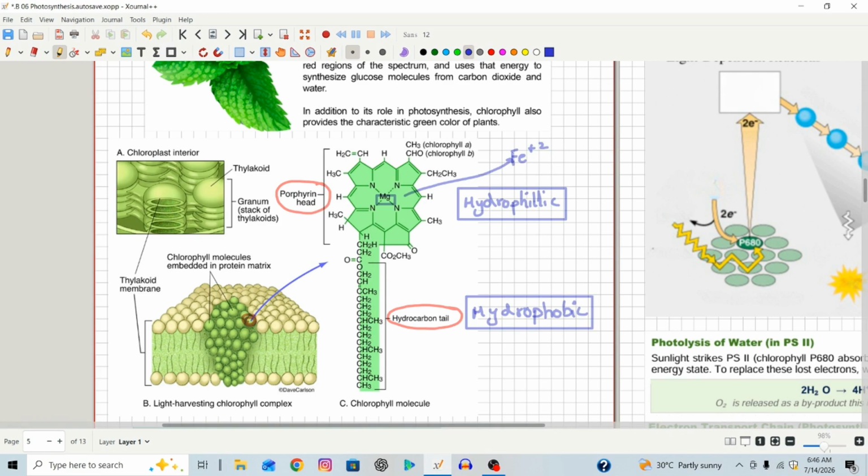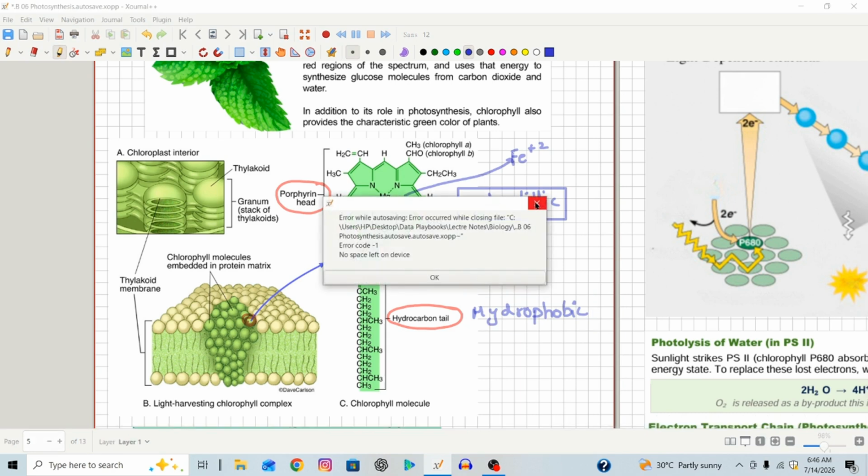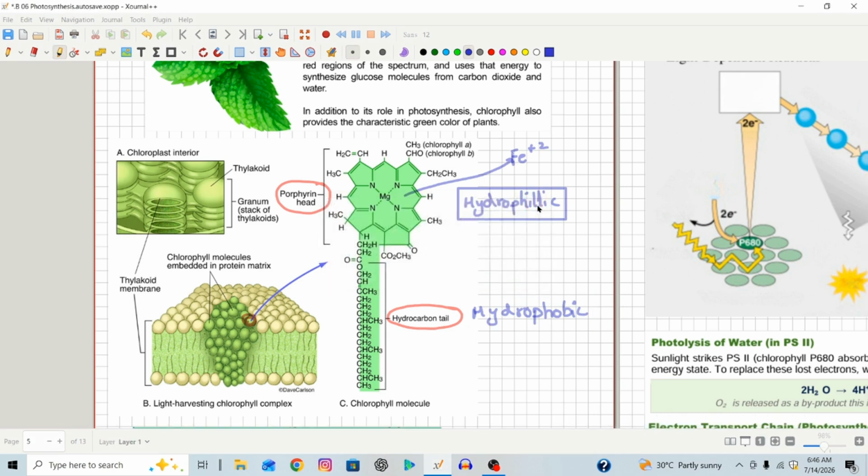So hemoglobin contains an iron atom instead of magnesium. This is the only difference between chlorophyll and hemoglobin. So you can say that hemoglobin also contains a porphyrin ring, it also contains nitrogens, but the difference is that hemoglobin contains iron instead of magnesium, and there are 4 nitrogen atoms around the magnesium atom. So that is the structure of the chlorophyll molecule.